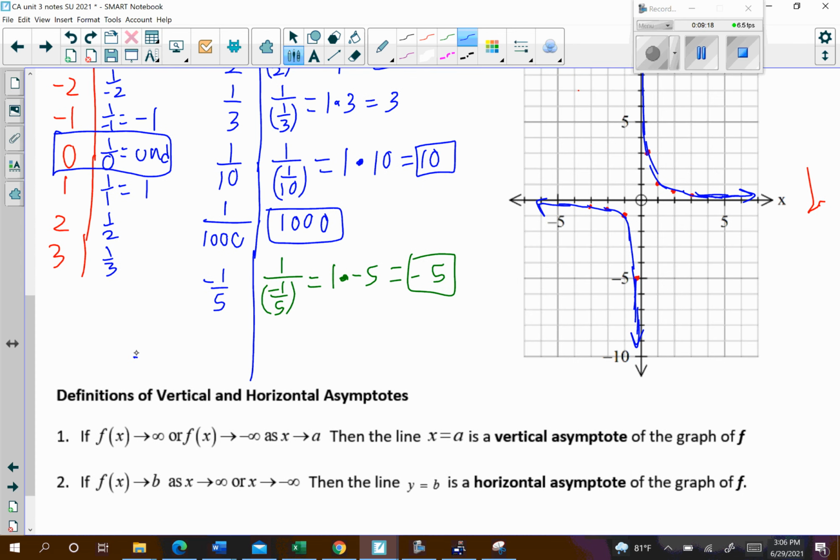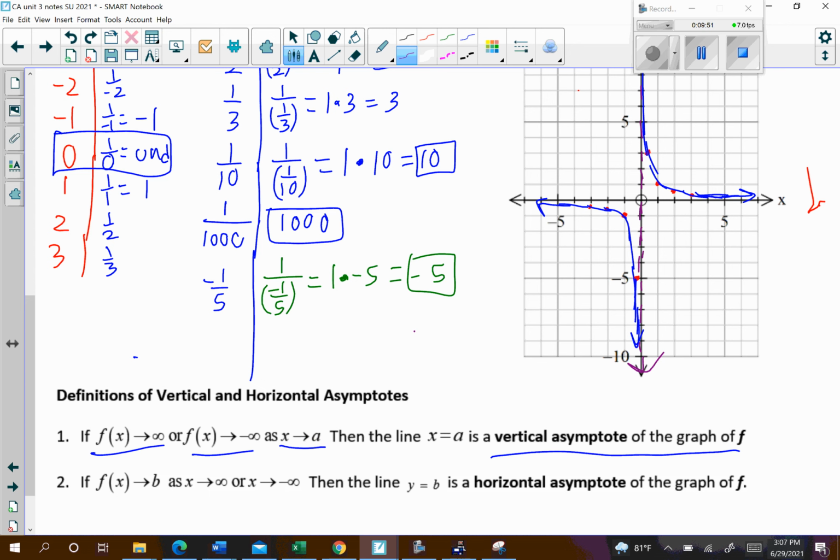So here's the formal definition of what's going on here. If f of x is going to infinity or negative infinity as x approaches some value a, then the line x equals a is a vertical asymptote. I don't know if you've ever heard of asymptotes before, but we have a vertical asymptote right here, and it's the y-axis.